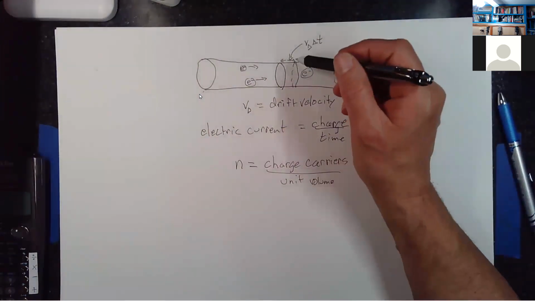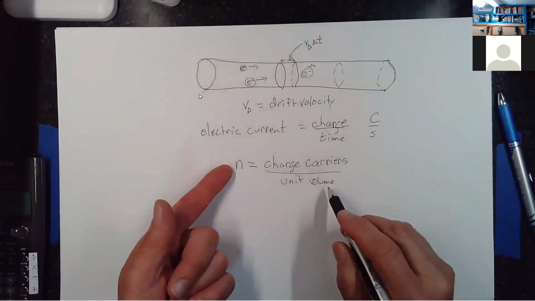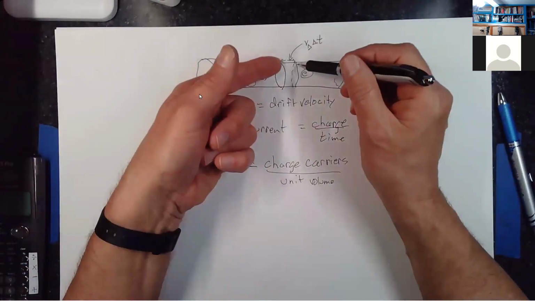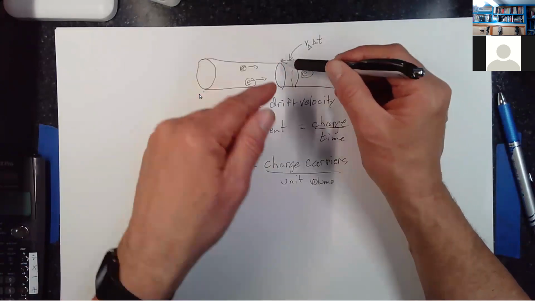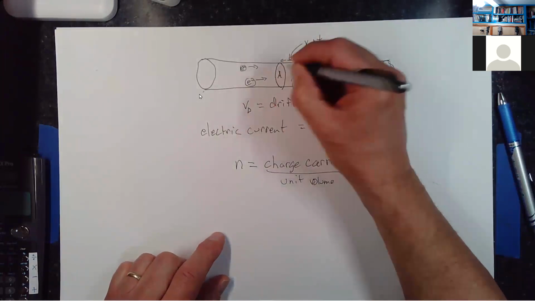And so we'll catch all the charges in there. Well, within charge carriers per unit volume, the volume of this would equal this length times the cross-sectional area of the wire. And we'll just call that A.